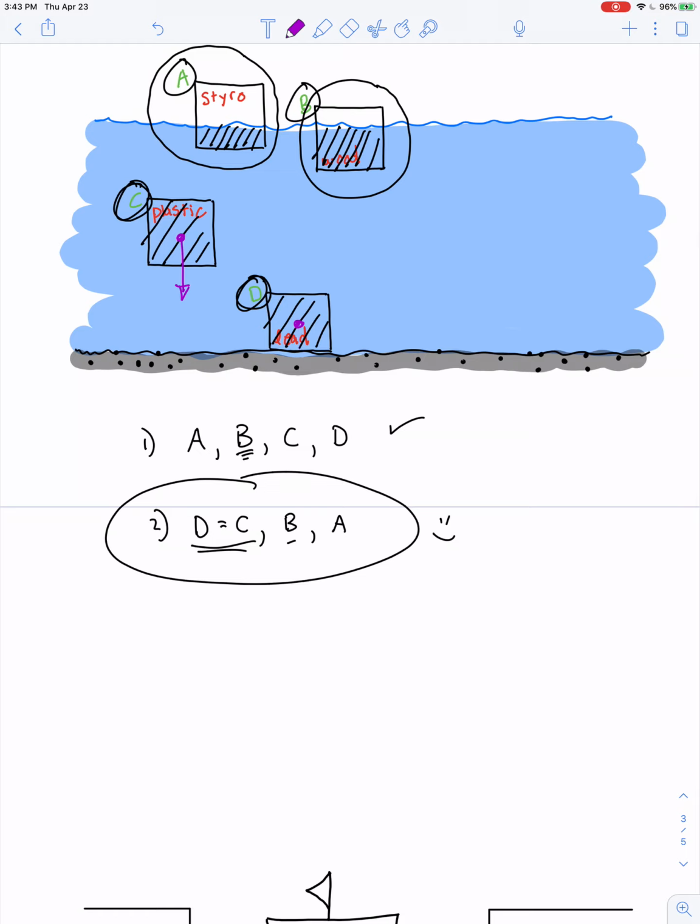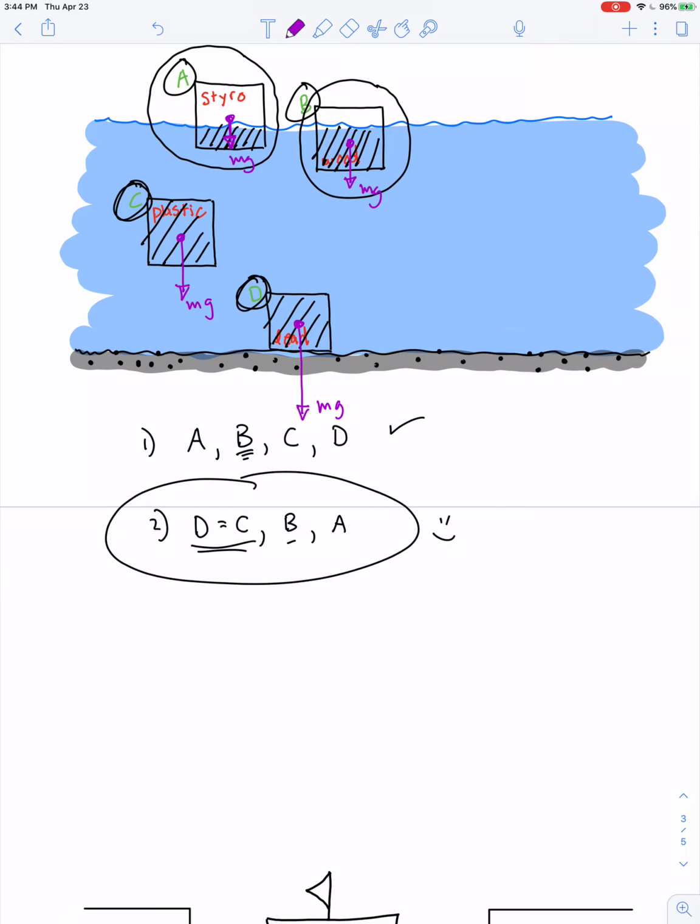Lead is more dense than plastic, so the heaviest object of all has the largest mg vector. Then the plastic has an mg vector that's not quite as long. The wood has an mg vector that's still a little bit shorter. And finally, the styrofoam has an mg vector that's shortest of all.